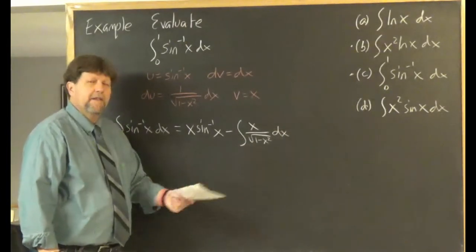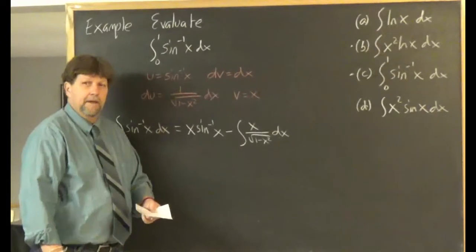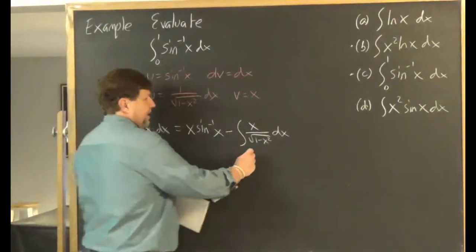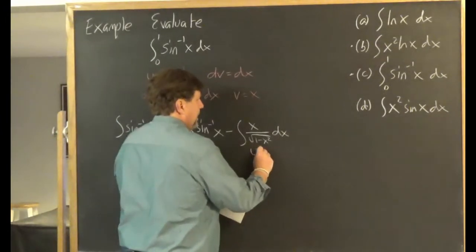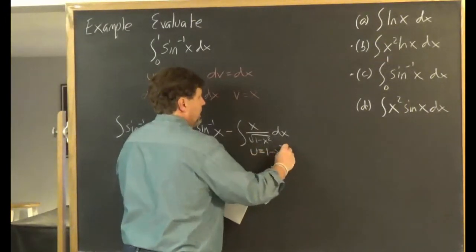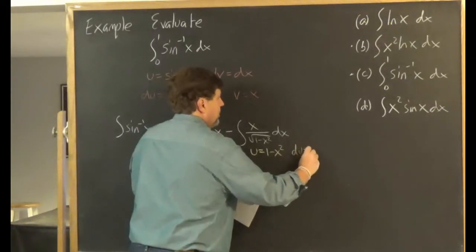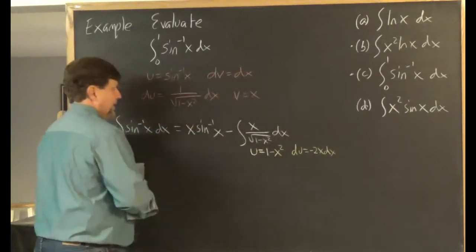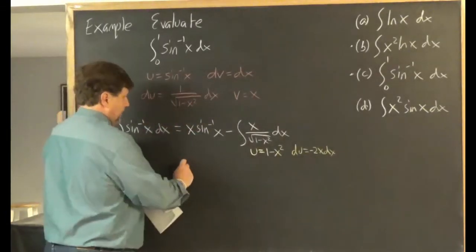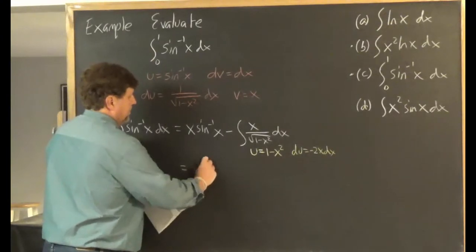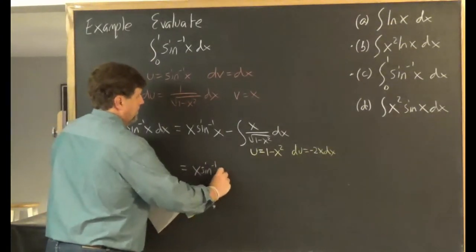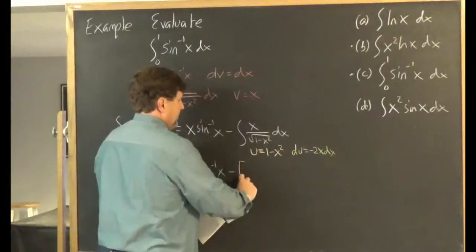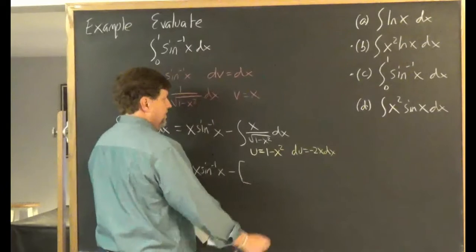How am I going to take care of this integral? That's right, good old-fashioned u substitution. You let u equal 1 minus x squared. du is negative 2x dx. So when I crank this through, I'll put it in square brackets, my u substitution.